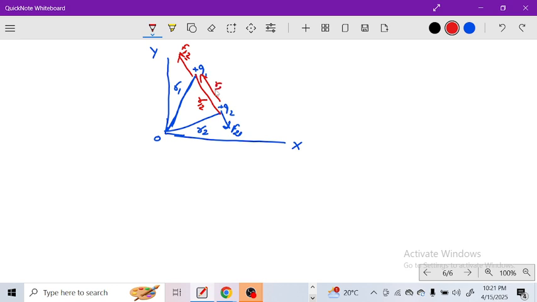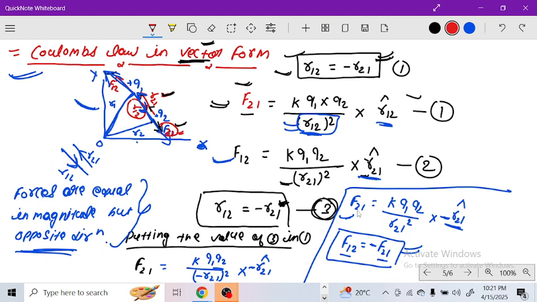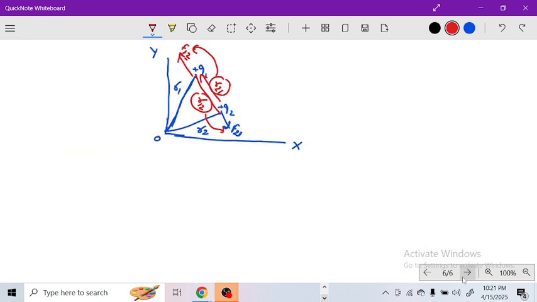So this R21 distance lies to F12, and this R12 distance lies to F21. That's why when I find F21, I take R12 distance.